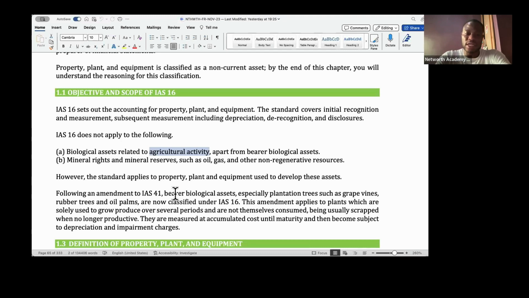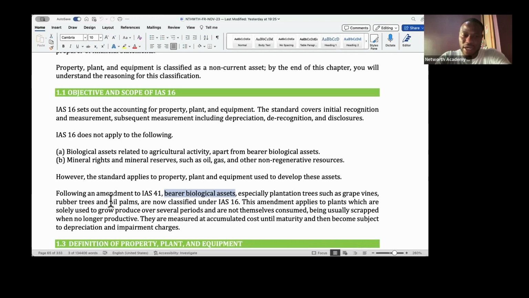However, there was an update to IAS 41, which is outside the scope of this syllabus, where they call a certain type of biological assets bearer biological assets, which are assets that you use to produce inventories or agricultural products. So when you have any agricultural item that is used in producing other items, then that might be PPE.